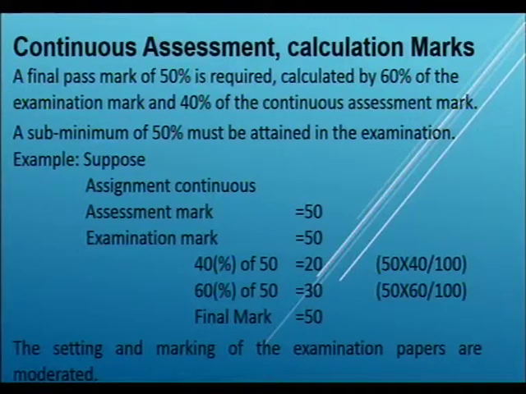For example, suppose the continuous assessment mark is 50 and the examination mark is 50 also. 40% of 50 equals 20%, 60% of 50 equals 30%, then the final mark is 50%.